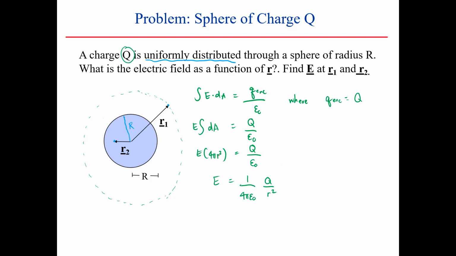Take note, class, that your R here should be the radius of the Gaussian surface. Okay, so since you are integrating dA, this is the area we are considering. So you have to integrate this from 0 to R sub 1. Therefore, the electric field is equal to 1 over 4 pi epsilon naught Q over R sub 1 squared. Okay? So this is the surface area of the Gaussian surface.